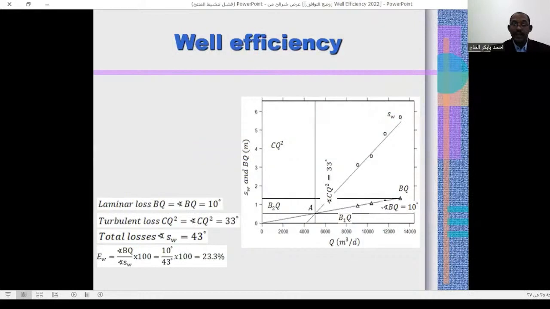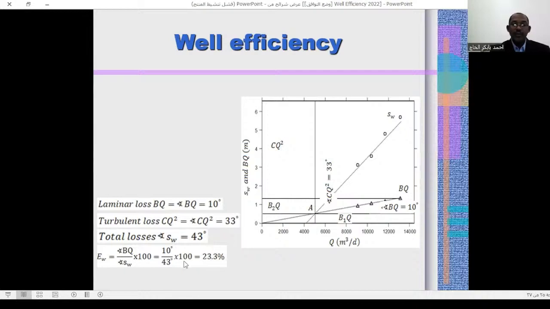Also, by measuring the angle, laminar loss BQ equals 10, and turbulent well loss, angle equals 33, CQ square. Total well loss equals 44.